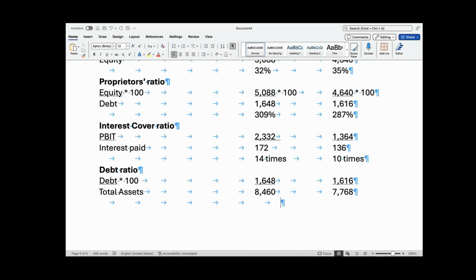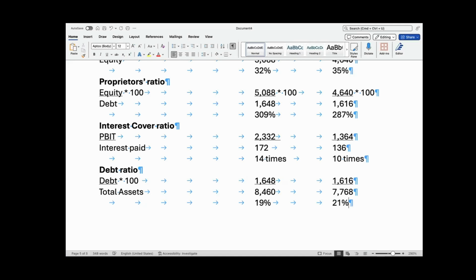So what ratio? How many percent? 19%. How about this one? 21%.